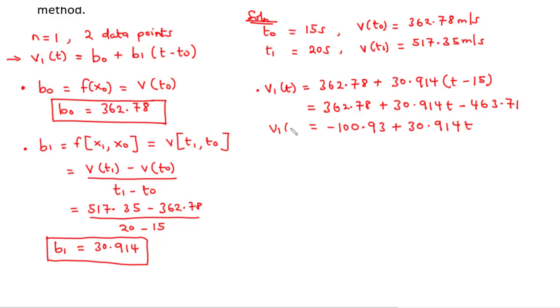So this is v1 of t, where 15 is less than or equal to t, which is less than or equal to 20.